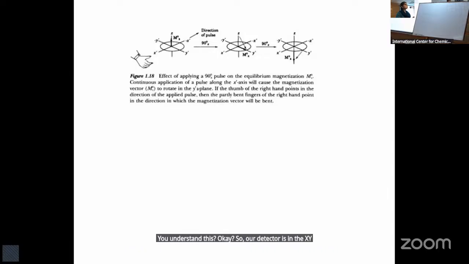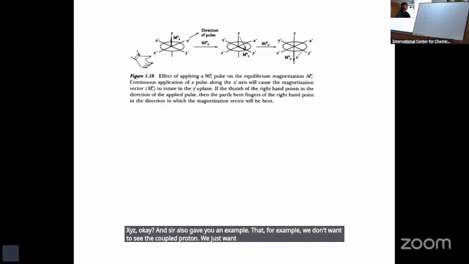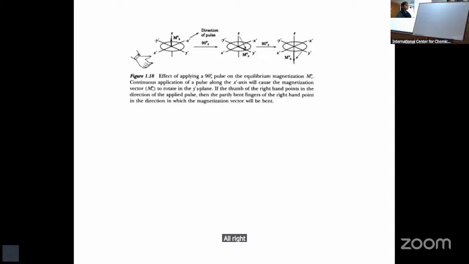In order to detect the nuclei of interest, we need to bring it into the XY plane. Sir also gave you an example: for instance, we don't want to see the coupled proton. We just want to see the C13, and we are not interested in seeing the attached proton. What we can do is bring another radio frequency transmitter and switch on the radio frequency that matches that of the proton.